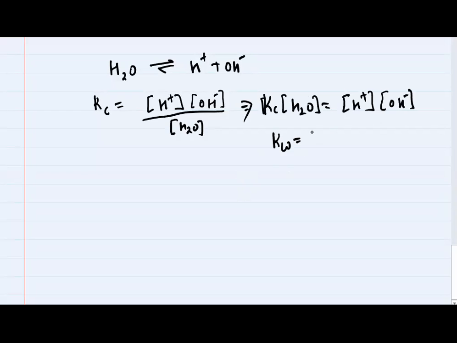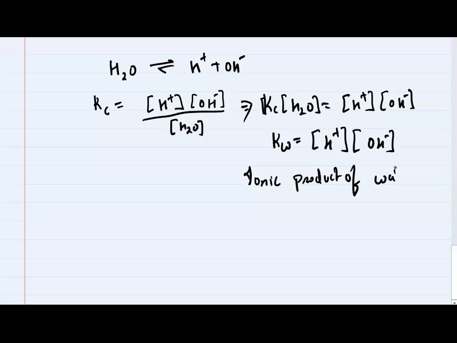And what is this? This is nothing but the product of ions of water. So it is called the ionic product of water. Got it? So Kw is called the ionic product of water, and it is fixed because we know that Ka, Kb, everything is K, which is fixed at constant temperature.